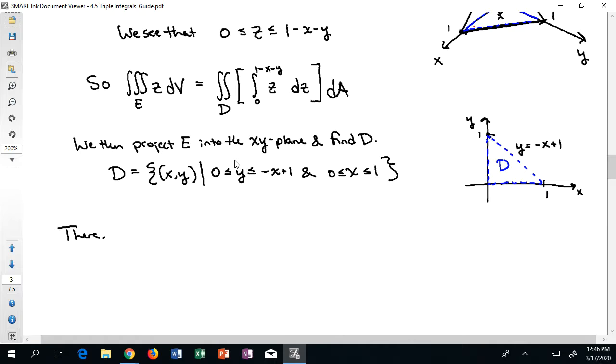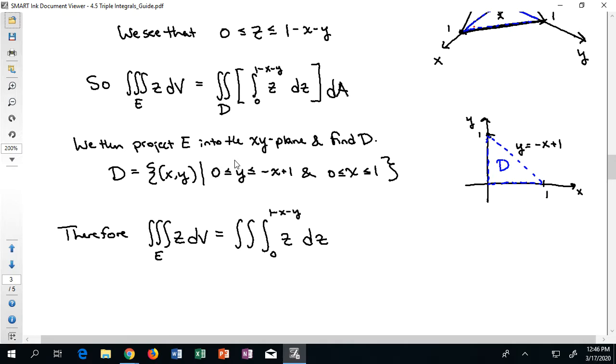So now I can say, therefore, my triple integral over E is equal to, and I'm going to set this up now in the same way I did before. Oops, sorry, I'm going to get rid of these brackets here just for the sake of simplicity. And I can see that innermost integral is still intact.